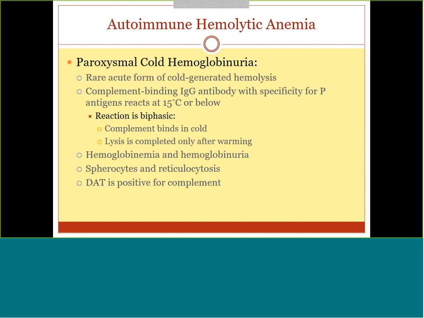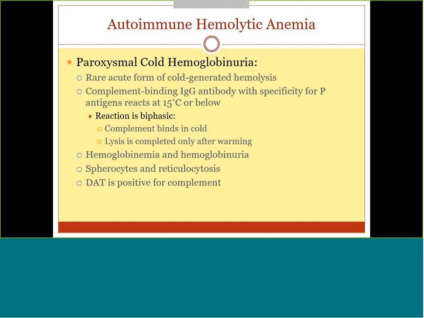Well, this one is unique in that it is an IgG antibody, but it's what we call a biphasic antibody, meaning it will start and bind with complement in colder temperatures, even though it's still an IgG. It won't lyse completely until after you warm it back up to that warmer temp that IgG is used to reacting with, but it can start to bind in the cold, and then it will do the full lysis after warming. So this is kind of the exception to the rule, if you will.